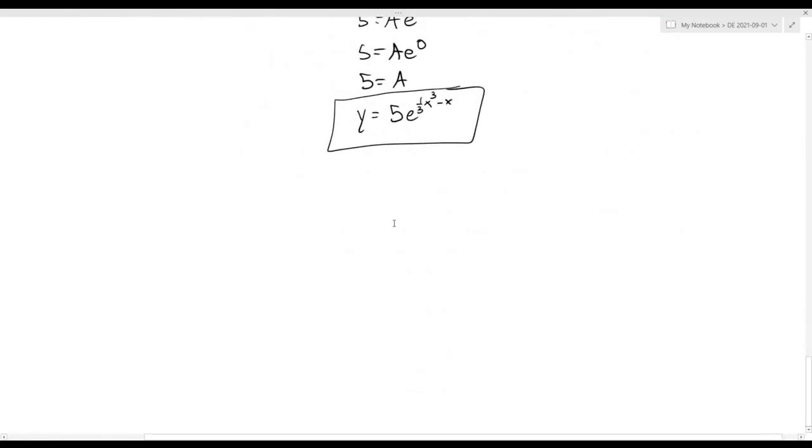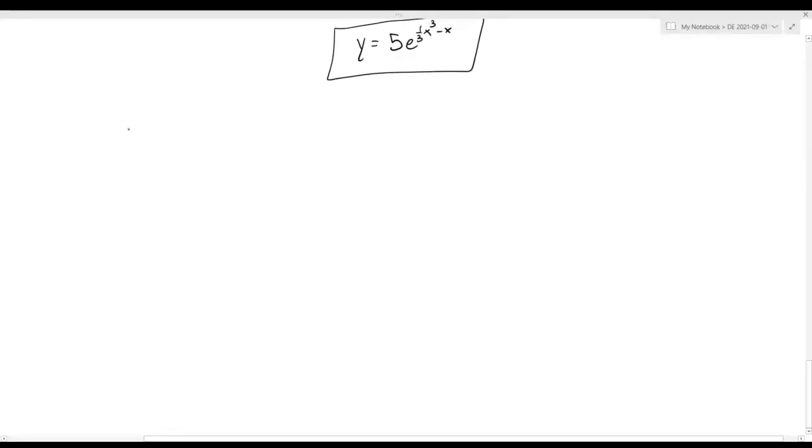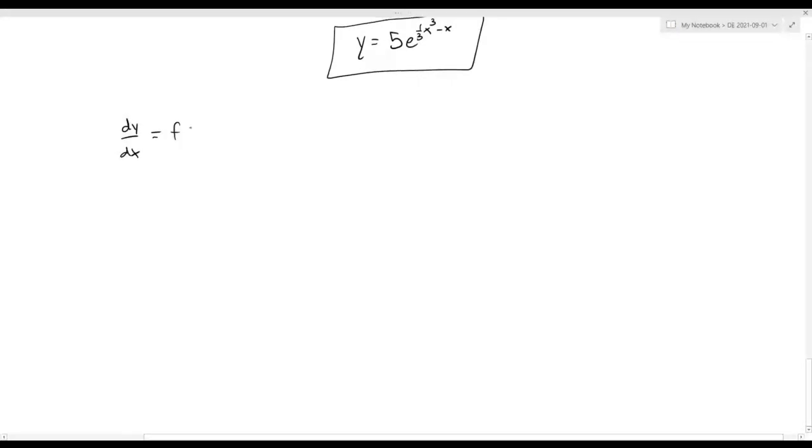So the next type of thing we'll learn is where you have dy/dx equal to some function of x and y. On the right-hand side, you'll see a single expression in x and y.